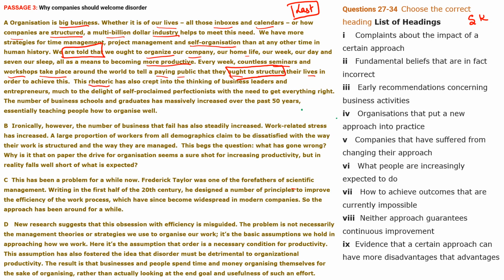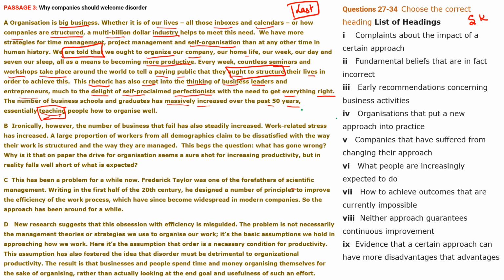This rhetoric also crept into the thinking of business leaders and entrepreneurs, much to the delight of self-proclaimed perfectionists with the need to get everything right. So all this is done in order to get a good employee who is a perfect person. The number of business schools and graduates has massively increased over 50 years. So management and business schools have increased a lot, essentially teaching people how to organize well.